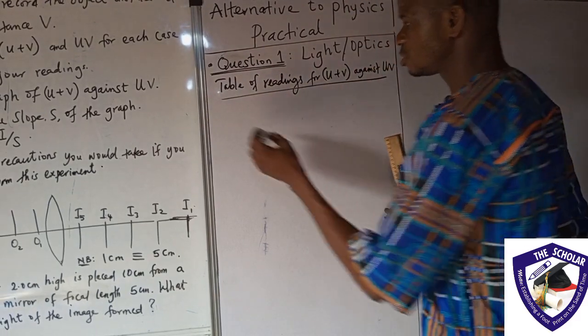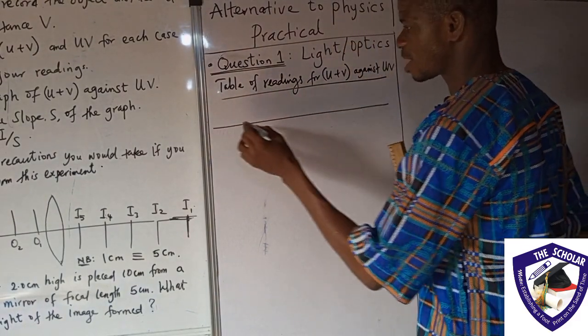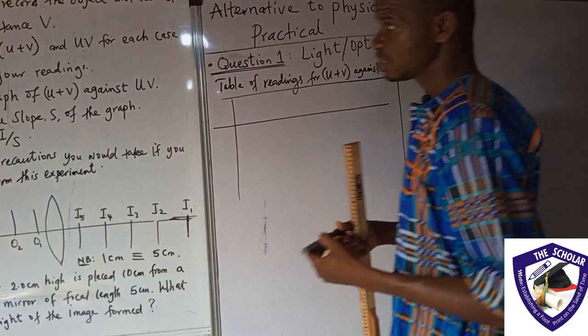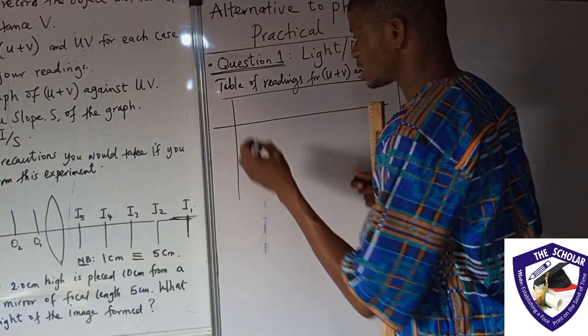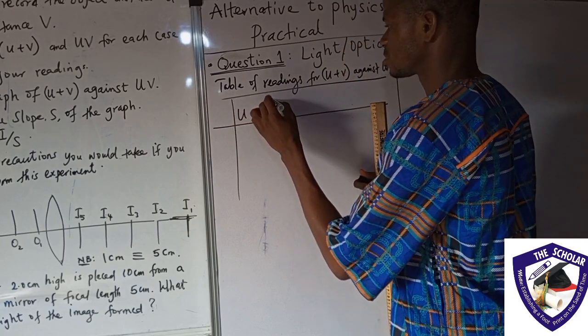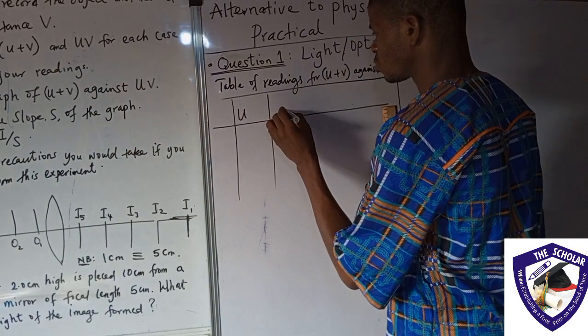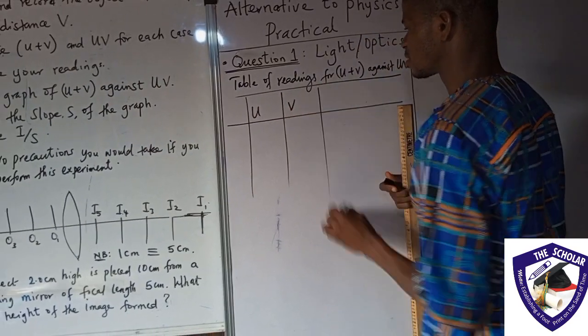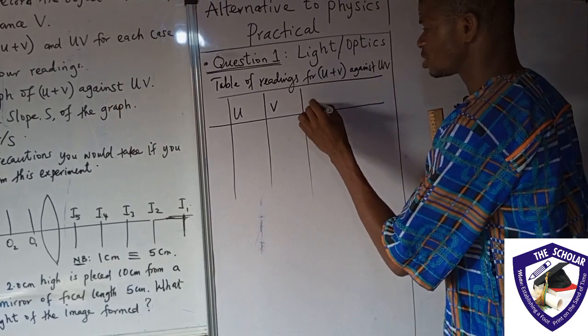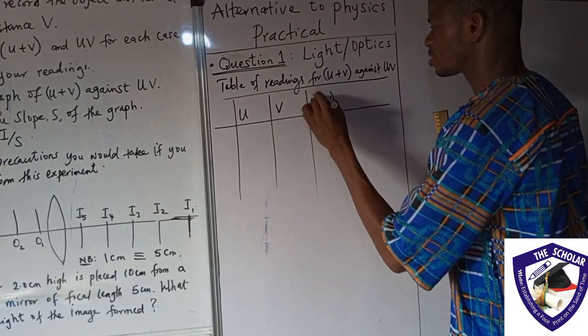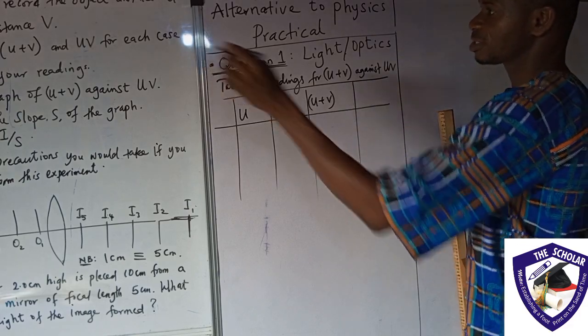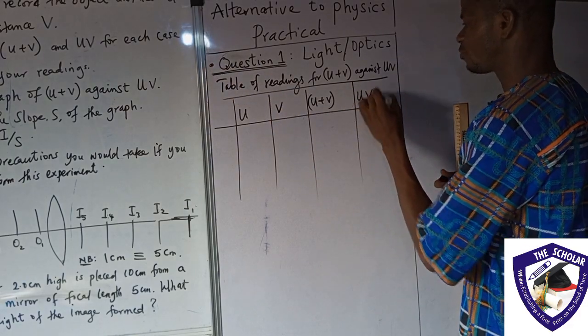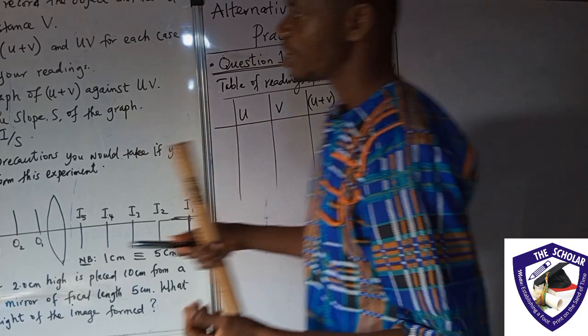Then from the question, we are asked to evaluate some parameters. The first thing we are going to look at is our U. The second is our V. The third thing we are evaluating is our U plus V. And the fourth thing is our UV.